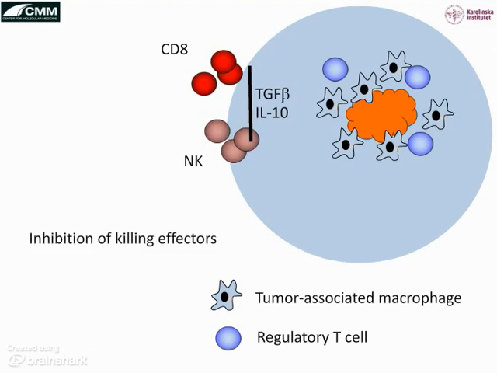So even if the immune system mounts an anti-tumor response with its CD8 and NK cells, these will be neutralized when they come into the vicinity of the tumor mass. So this blue zone of immunosuppressive activity is protecting the tumor and neutralizing the activity of anti-tumor immune cells.